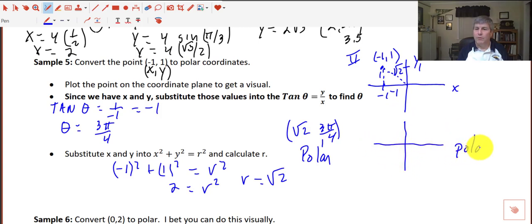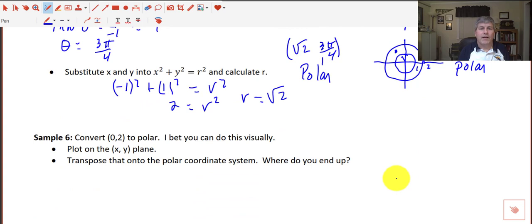And now if we're on the polar plane with, say, 1 and 2, the square root of 2 is somewhere between 1 and 2, and of course 3 pi over 4 is going to open up about here, and we will be in this particular location, somewhere between 1 and 2, at 3 pi over 4.